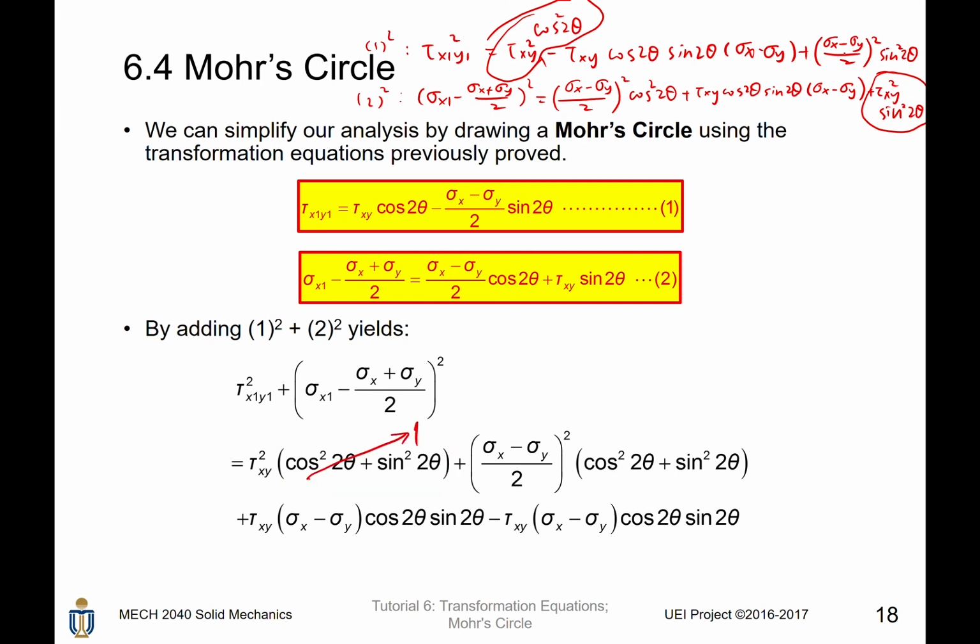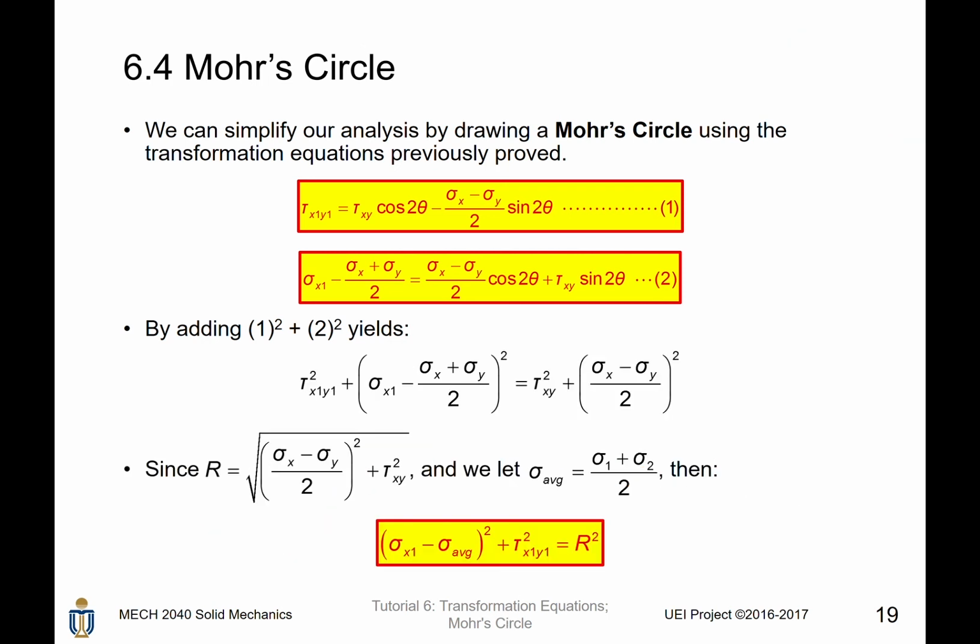For ((σx − σy)/2) squared, you can also group these terms together. Here is sine squared 2θ, and here is cosine squared 2θ. Those two added together equal 1. At the same time, we observe those two terms are exactly the same except the sign, so they cancel each other and vanish to 0.